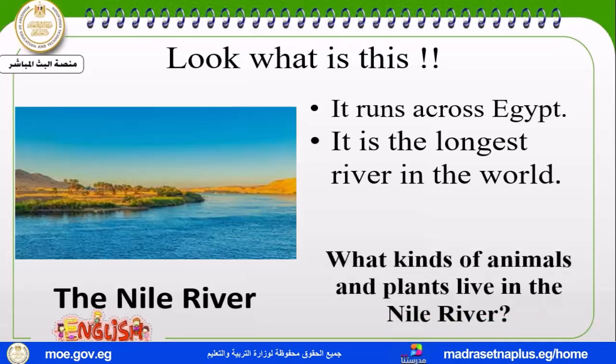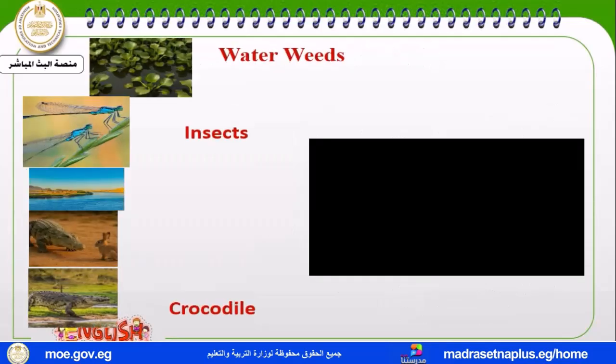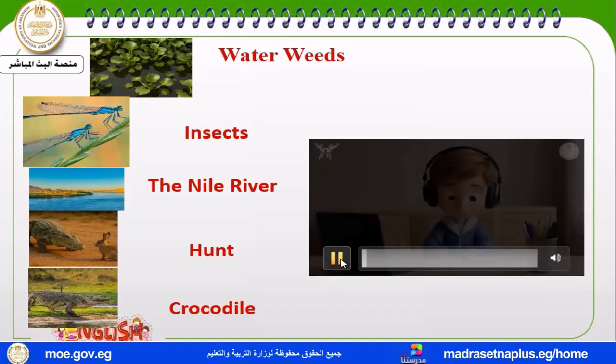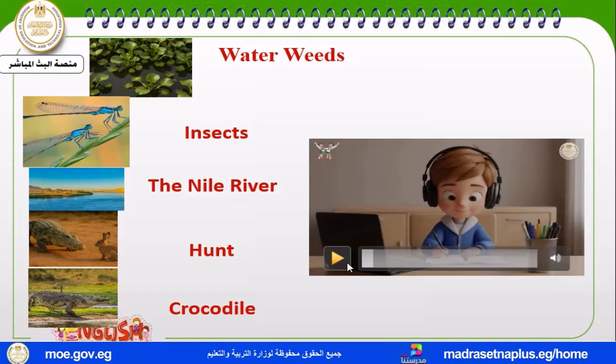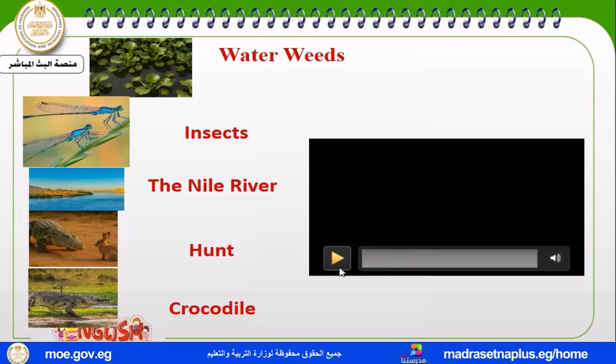Now, let's think about what kinds of animals and plants live in the Nile River. Can you guess? Yes, we have some plants and animals that live in the Nile, and here is some of these plants and animals.